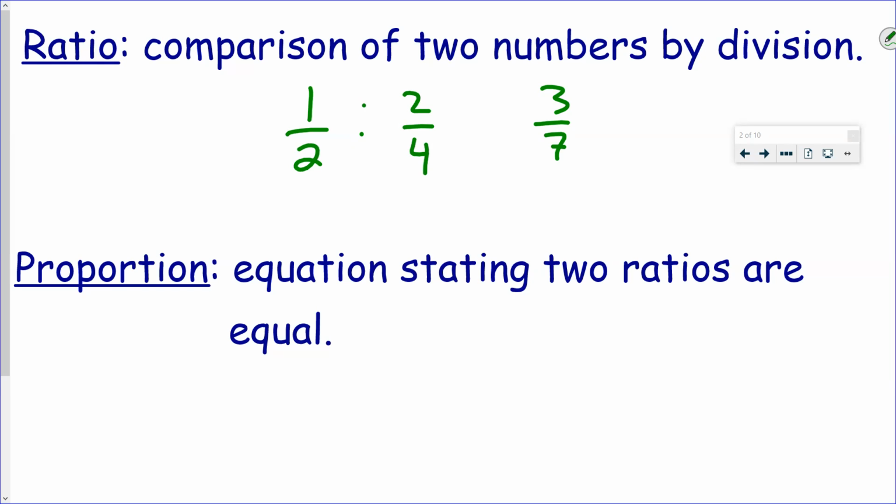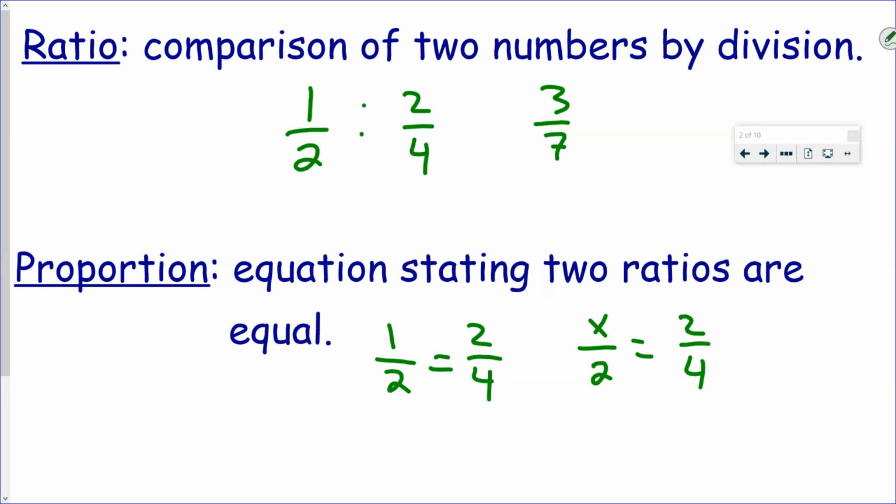So we have the 1 to 2 and 2 to 4. 1/2, that ratio is the same thing as 2 to 4. So it makes it an equation, which makes it then a proportion because you're comparing two ratios and setting them equal to each other. You could also see something like this, x over 2 equals 2 over 4, where then you can figure out, well, what is that missing value for x?